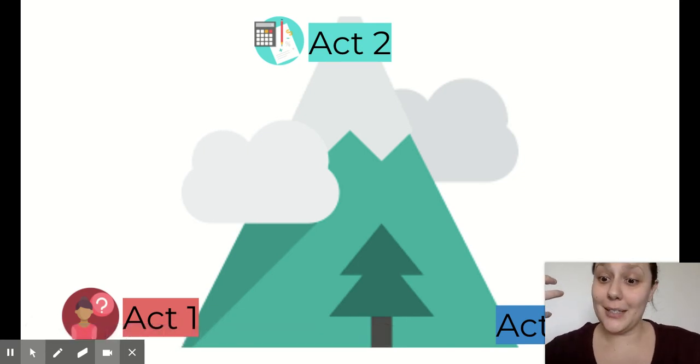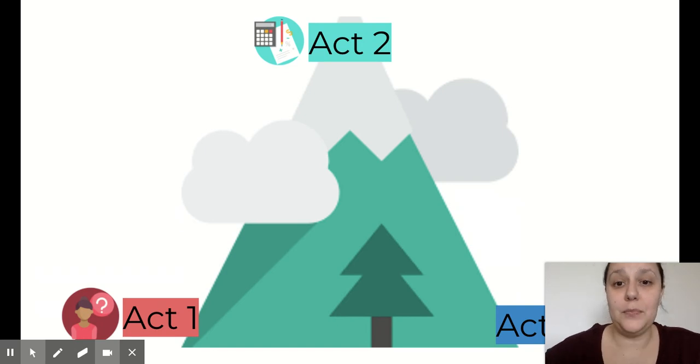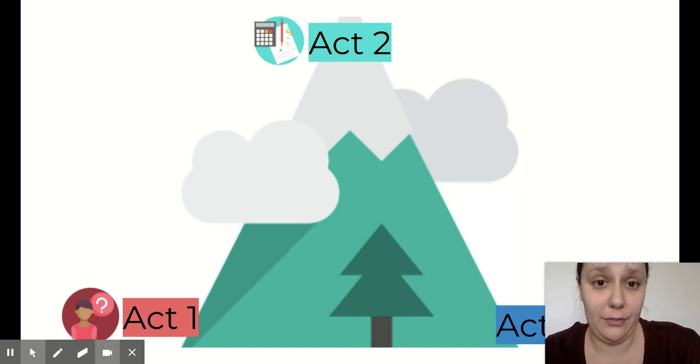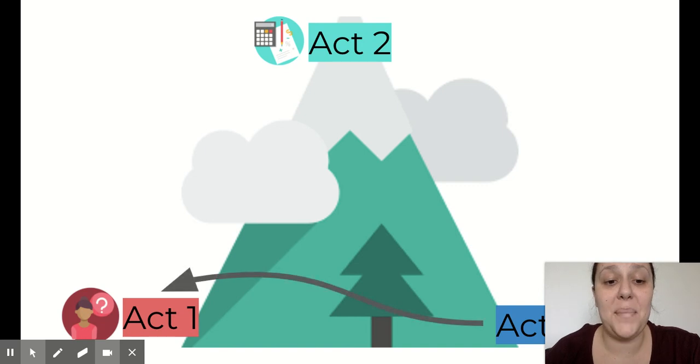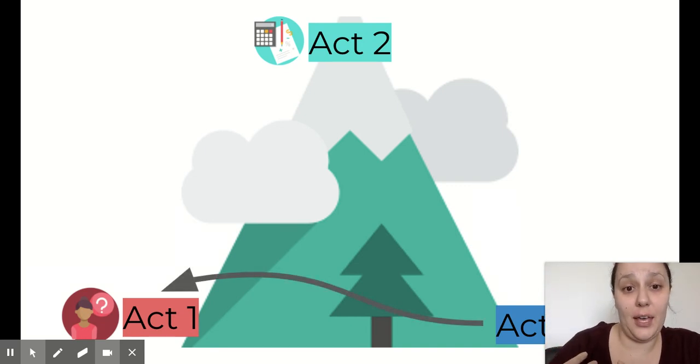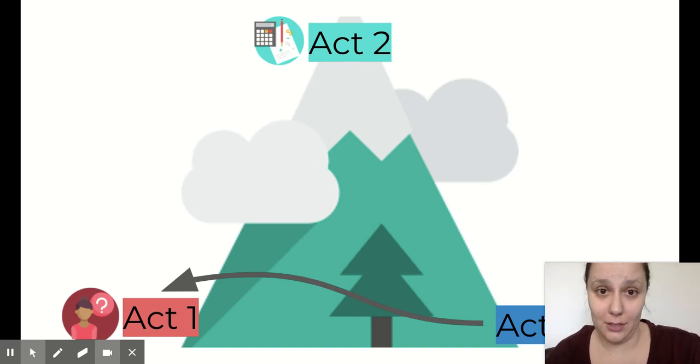Then there's the really exciting part where you have all the information you need and you're trying to solve the problem. Then there's the solution. Sometimes in stories, this starts over again and it becomes a story cycle. This happens in three-act tasks too. Because if in Act 3 you think of a new question, you're going to go back to Act 1 and start all over again. Thinking, then calculating, then solving.